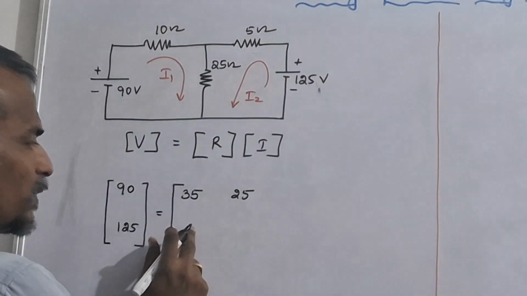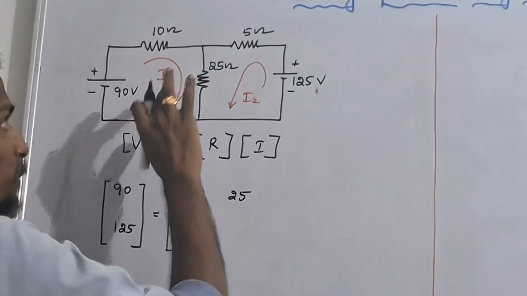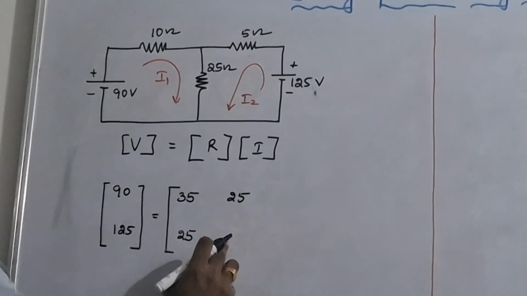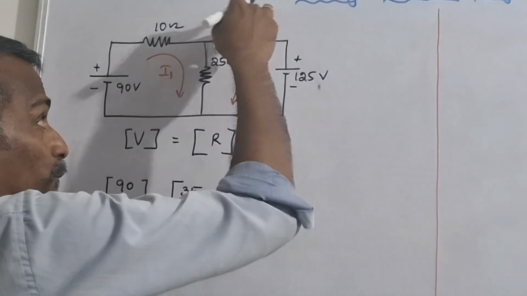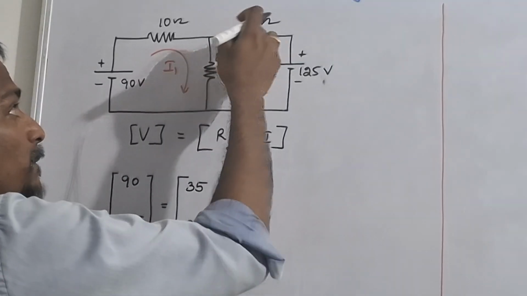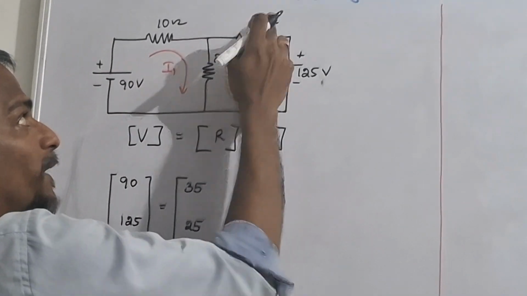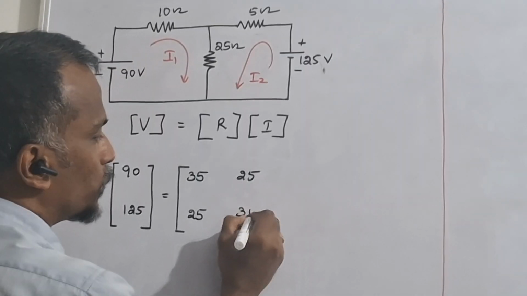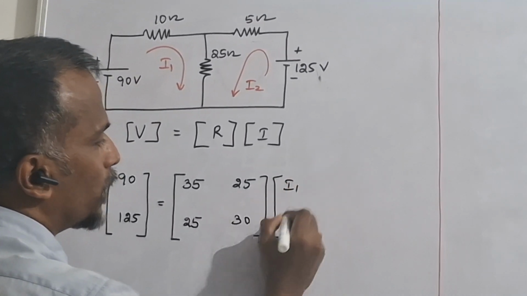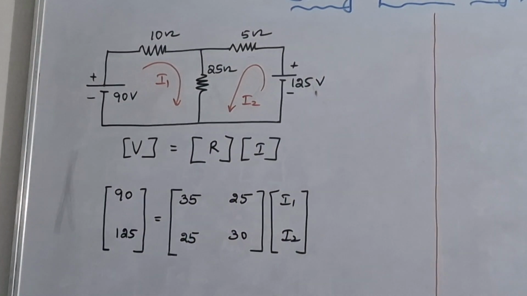Then similarly R21 is also the same value, 25, since it is the resistance common between the two loops. Then the final one, R22, is nothing but the sum of the resistance in the second loop. So 25 plus 5, that is equal to 30. Then the currents we write as I1 and I2.